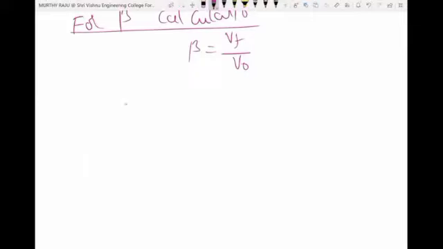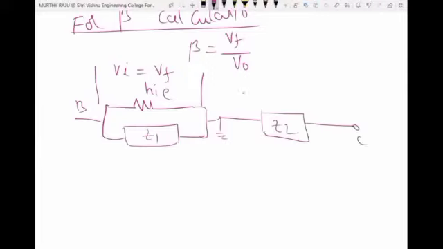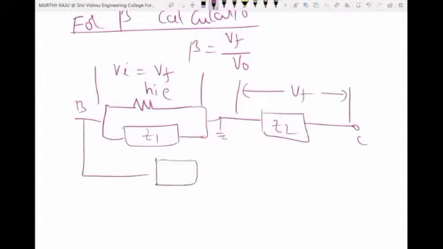Again we use this one as HIE, this one as Z1. The HIE and Z1 are connected between the base and the ground. This is the input voltage Vi, the Vf input to the amplifier. Next, this one is Z2. This one is Vf. The Z3 is connected like this.